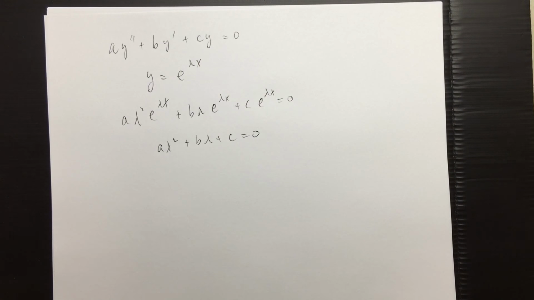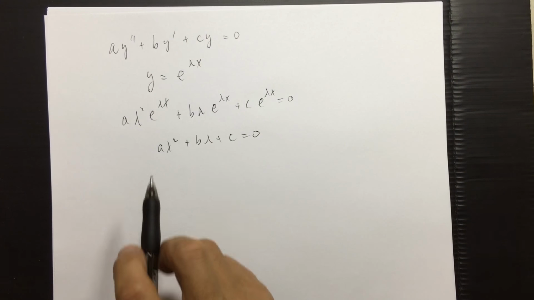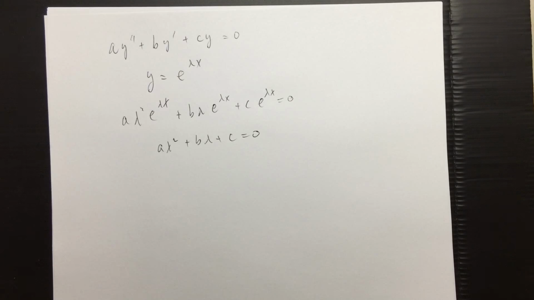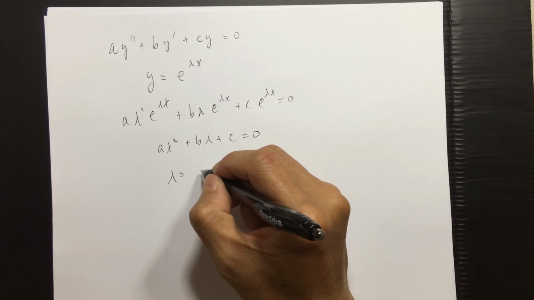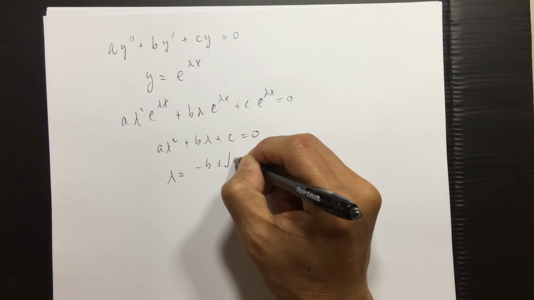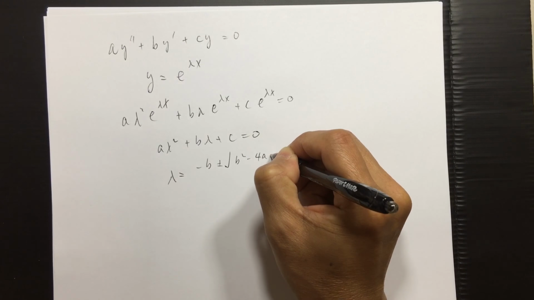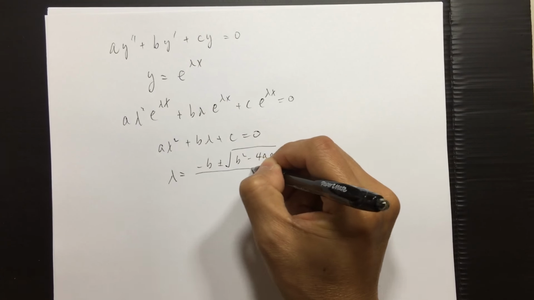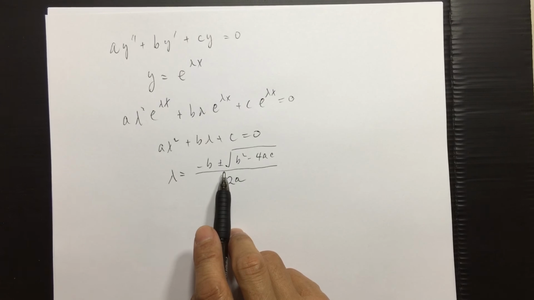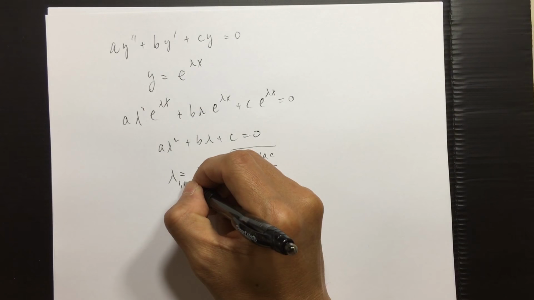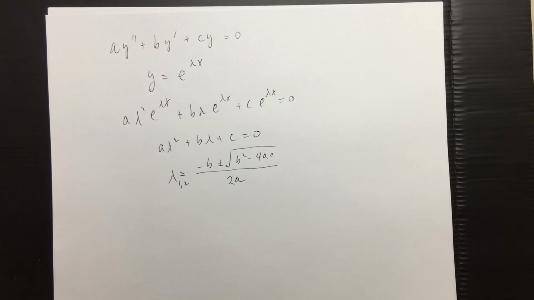Does this look familiar? You want to solve for lambda, right? So lambda actually equals minus b plus or minus the square root of b squared minus 4AC, all over 2A, right? And there are two of them. We call them 1 and 2, right? 1 is plus, 2 is minus.